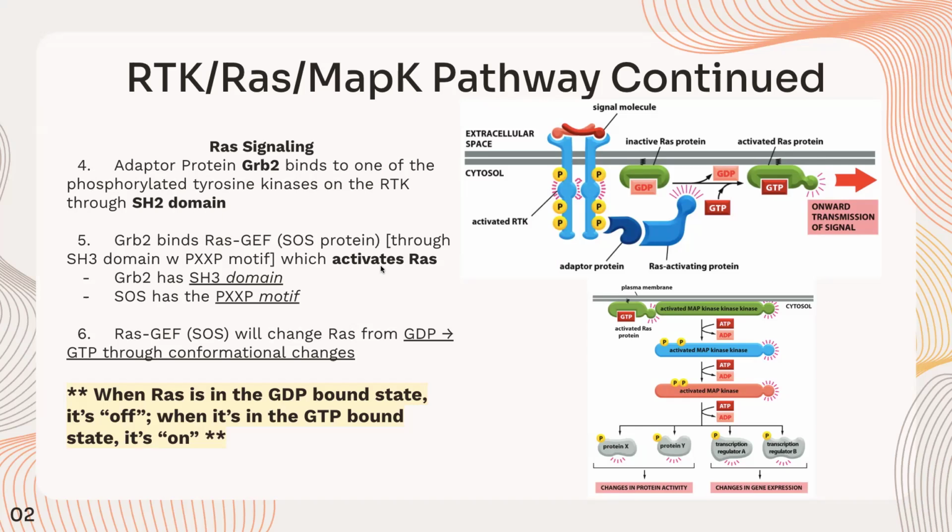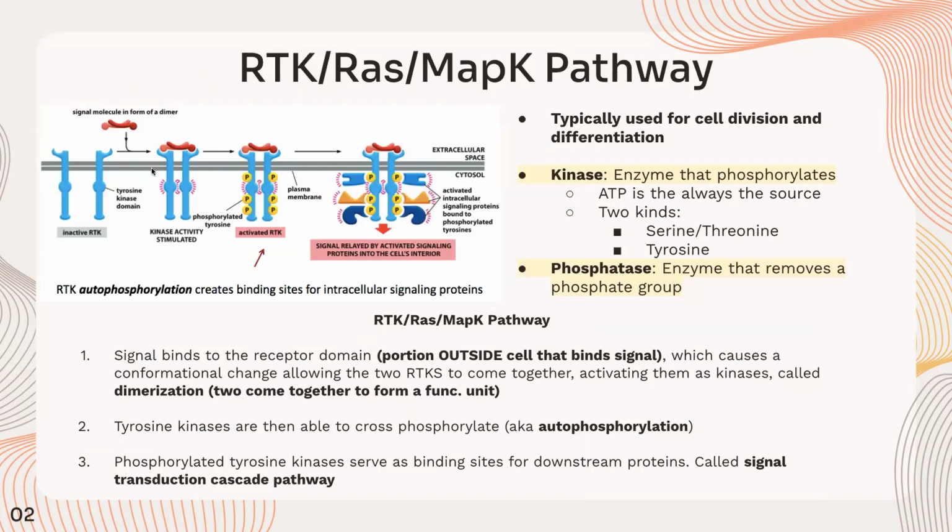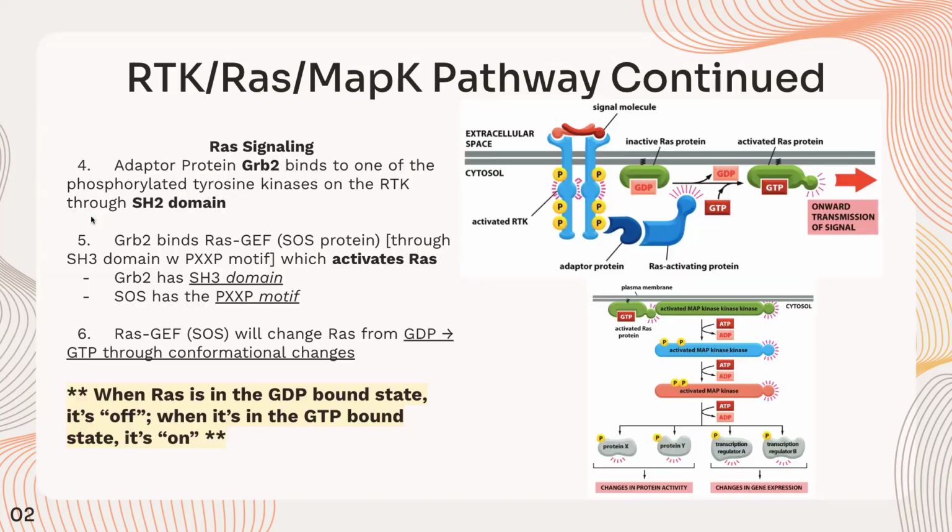Yes. So one of those phosphates that we just added on, phosphorylated tyrosine kinases. This is the fun part. We're adding GRB2. So GRB2 binds, and when she says RAS-GEF, in this case, we're talking about SOS. This is the SOS protein. So this is that RAS activating protein here.